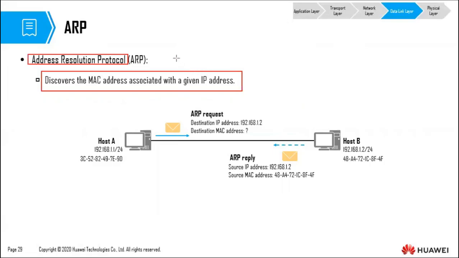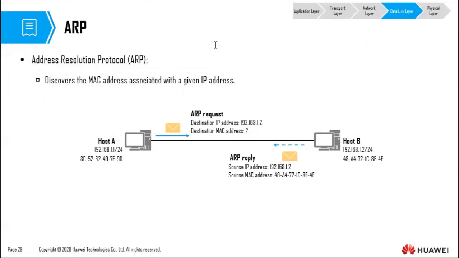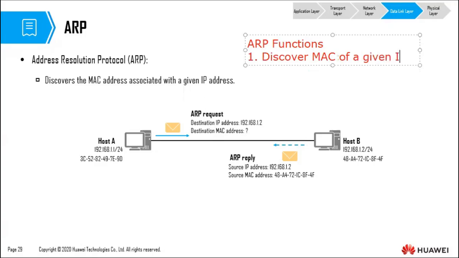So the address resolution protocol performs the following functions. ARP functions. Number one is, as we have said, to discover the MAC of a given IP. Let me just shorten it like that.